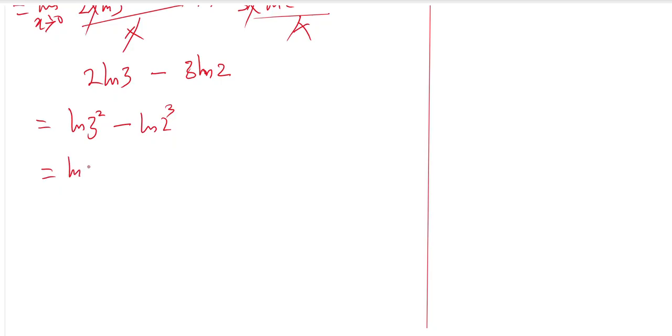So we have ln 9 minus ln 8, since 2 to the power of 3 is 8. This is the same as ln 9 over 8, which will give us the final value of 0.1178.